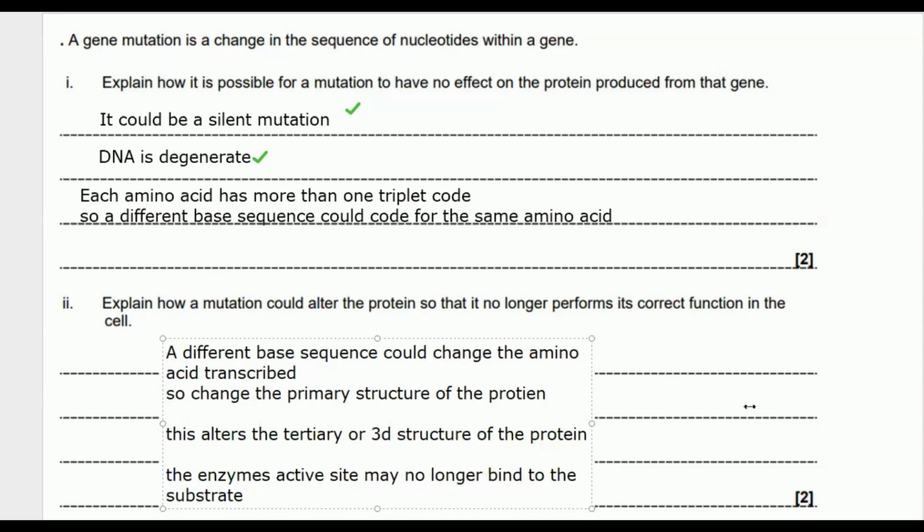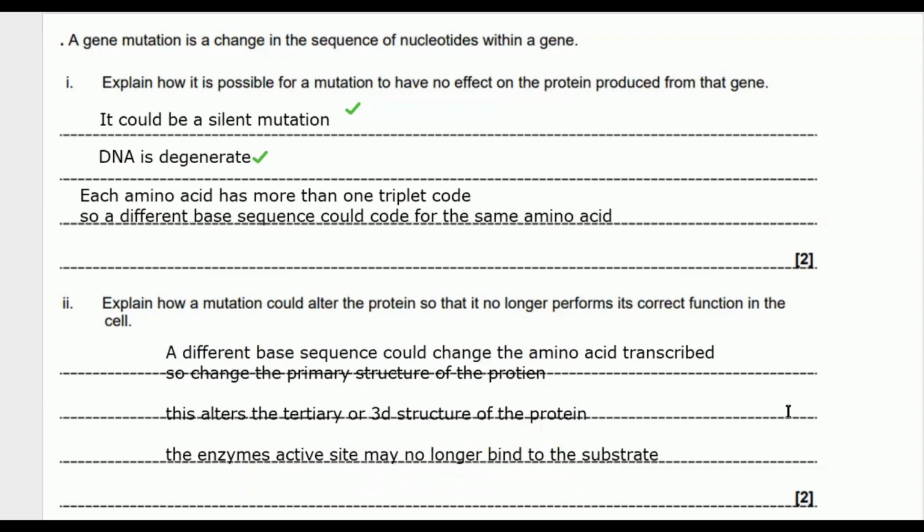You might not form an enzyme substrate complex, so that protein will now be dysfunctional. Dysfunctional proteins could result from any change in their 3D structure. So, for instance, hormones may no longer be able to bind to the receptors on target cells, like insulin can't bind to the insulin receptors on liver cells, things like that. So there we go. Right, let's move on.